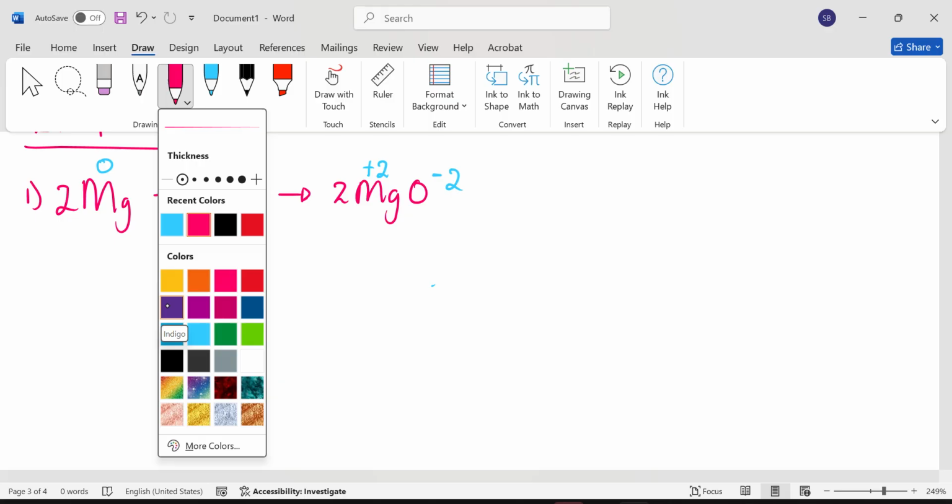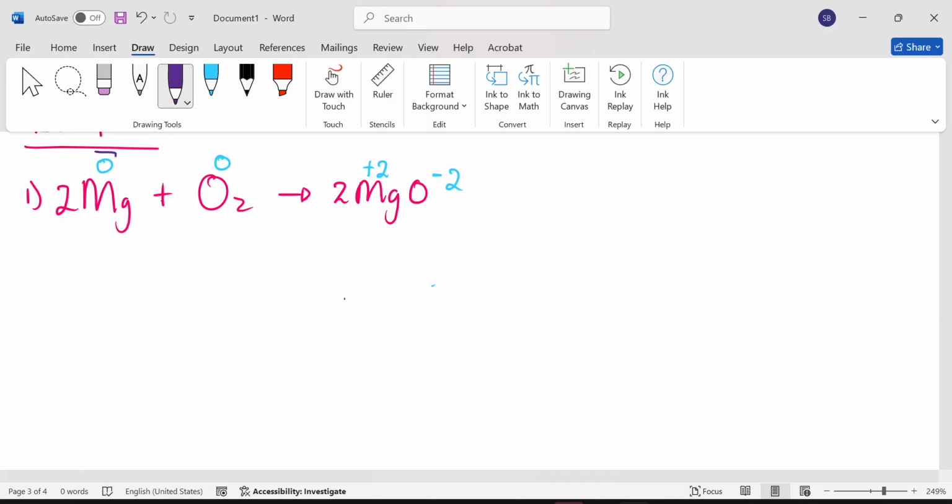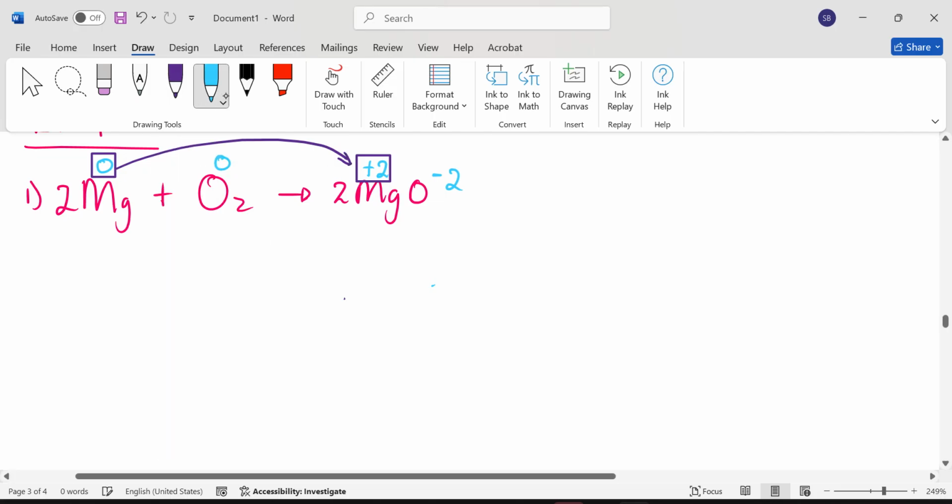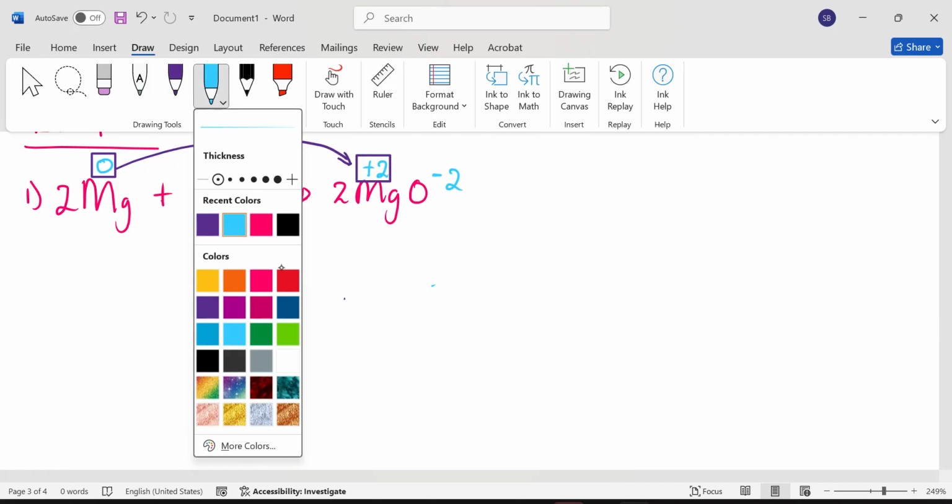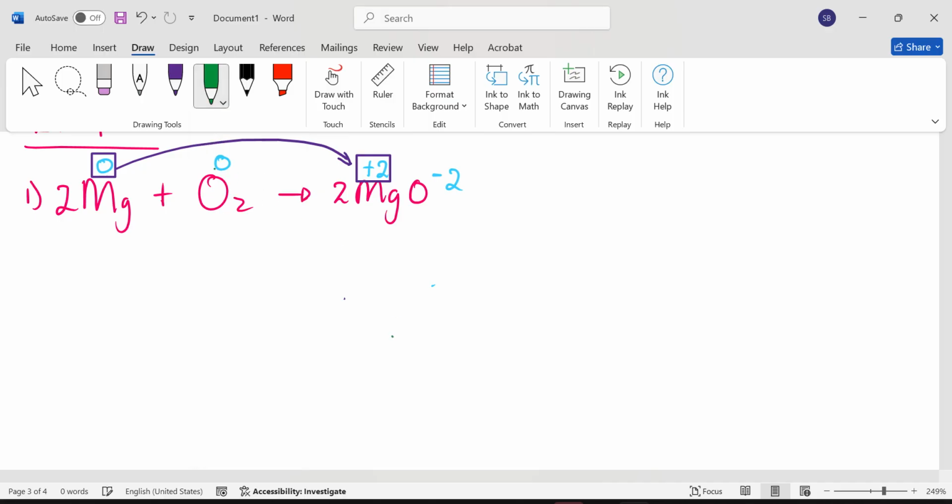Now notice something. The oxidation number of magnesium increased. It moved from 0 all the way to a positive 2. And what about that of the oxygen? The oxygen oxidation number decreased. Why?